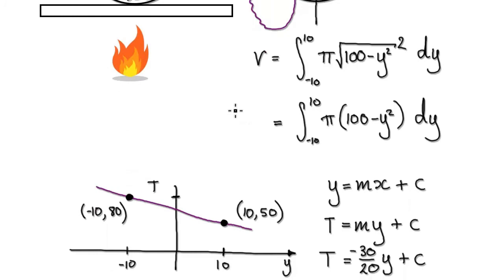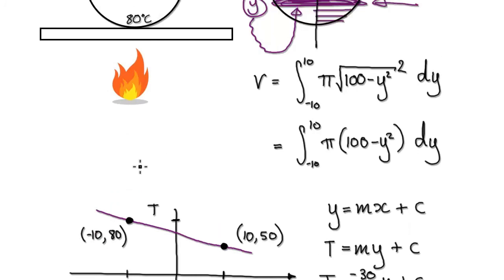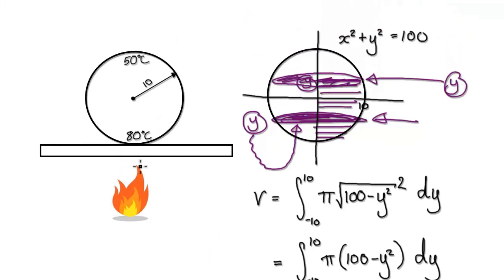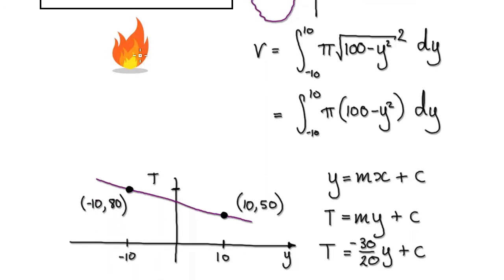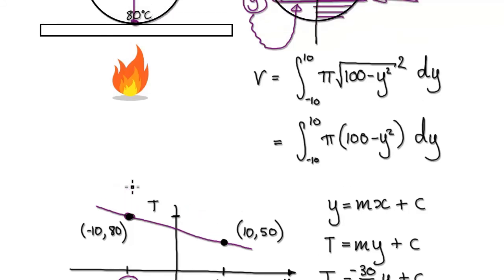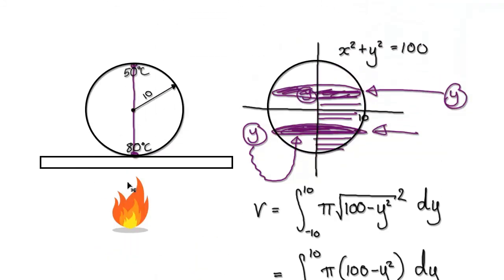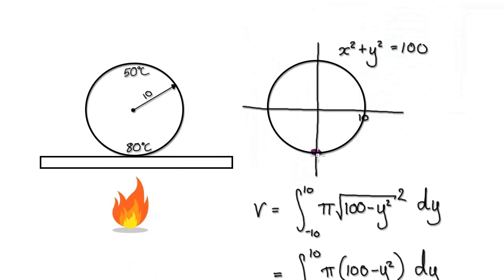Hang on. We need to develop a way of obtaining the temperature. And remember, it's a smooth transition from 80 to 50. When y is negative 10, the temperature is 80.